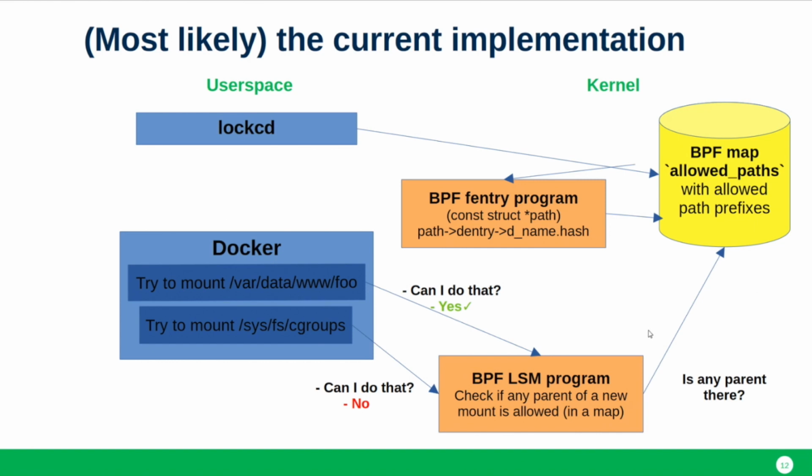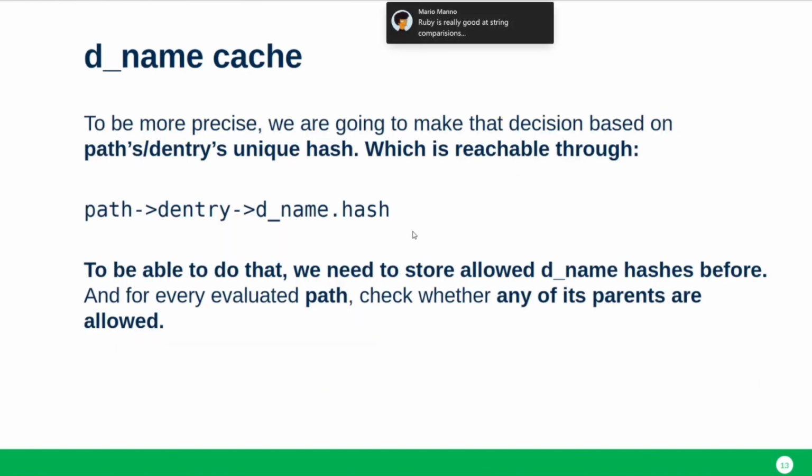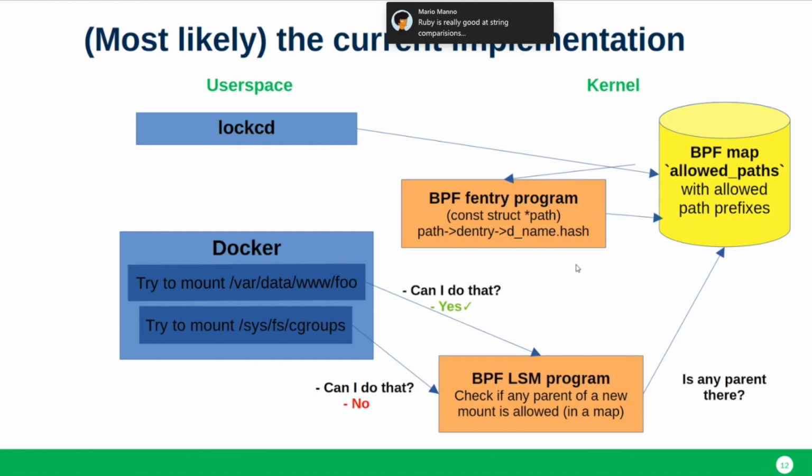And here is how it works. I'm pretty sure I removed that entry program from the slide, but anyway, lockcd is populating the BPF map allowed_paths with directories from which we allow to mount, and every time we try to mount, we check whether the prefix of the mount is inside the BPF map.